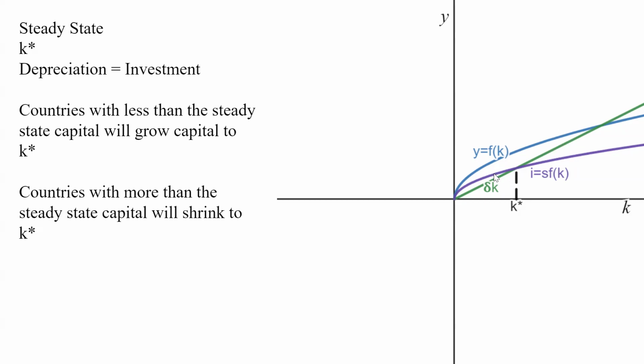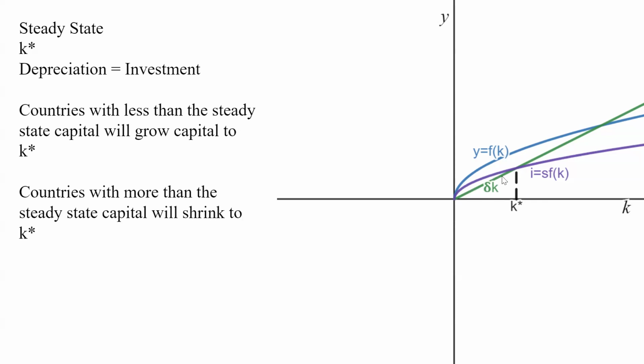So the idea behind the Solow model of economic growth is that countries will converge towards this K star. The further they are away from K star, the faster the rate of growth will be as they approach it.